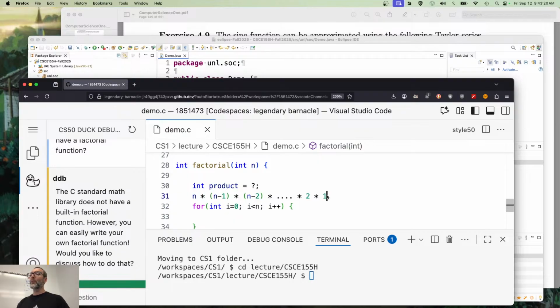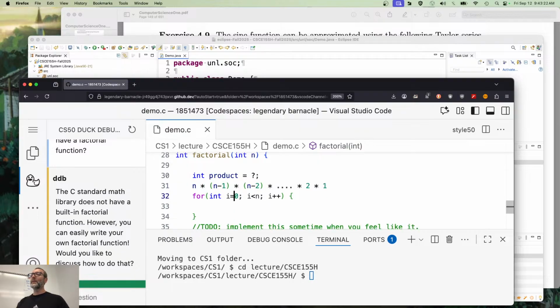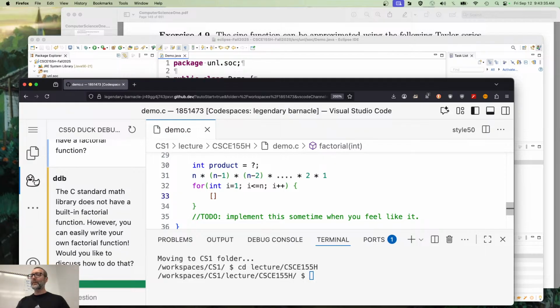If I wanted to run right to left, I would start at 1, and I would go up to and include n. I'm going left to right here. And then in that, I'm going to say product is equal to product times i. All that's doing is going 1 times 2 times 3 times 4 times 5, all the way up to n.